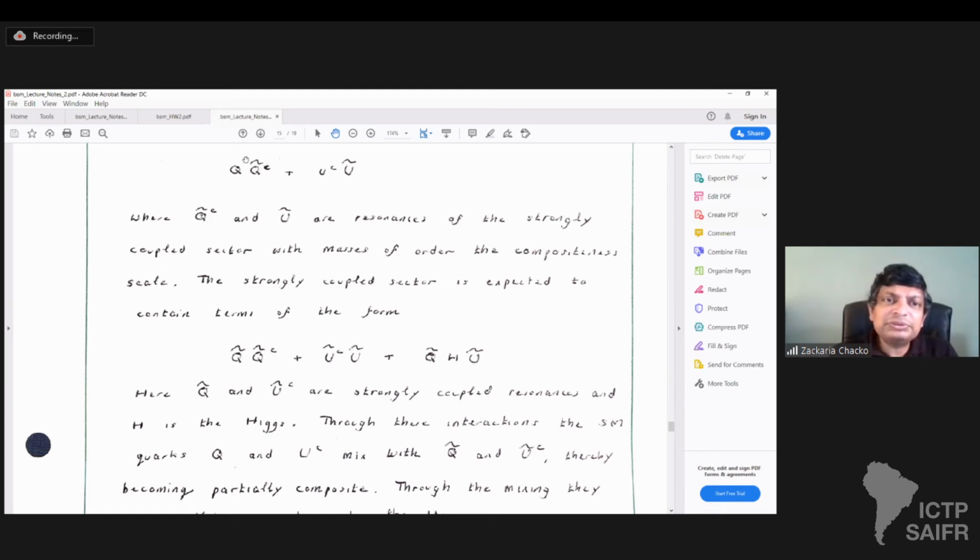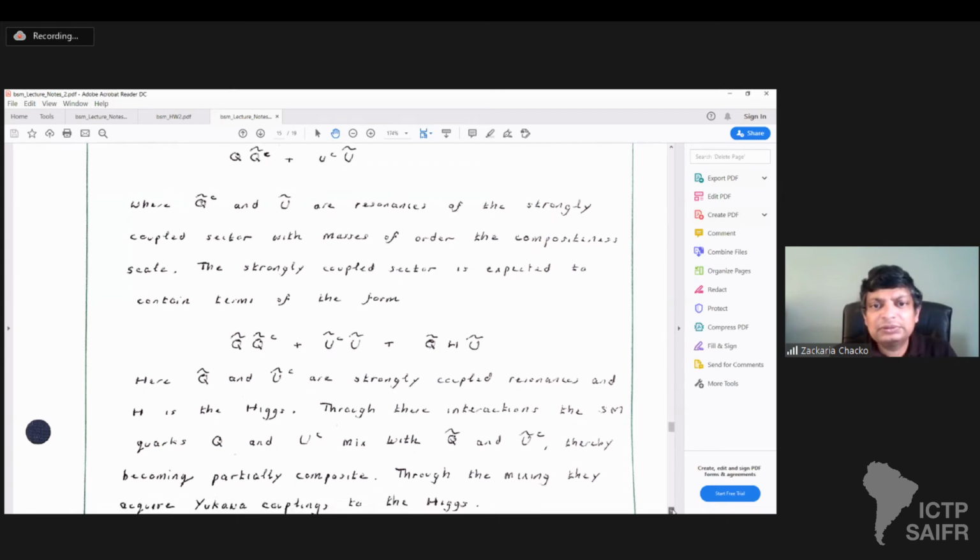And the idea is that when you integrate out these heavy resonances, you're going to get a Yukawa coupling for Q and UC with the composite Higgs.